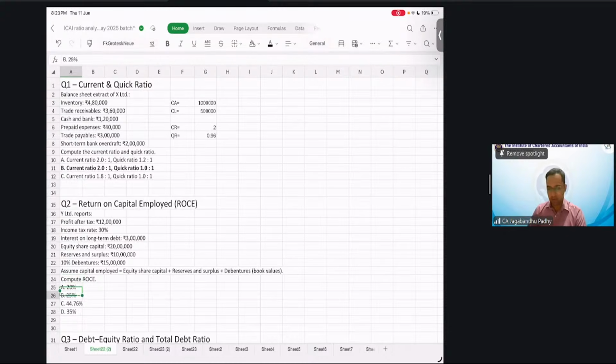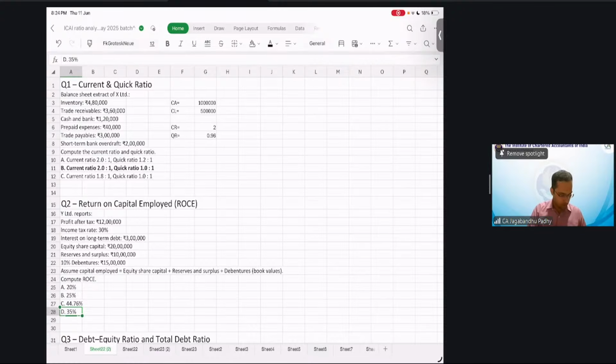What about the second question? We have to minus overdraft. No, we're not supposed to subtract overdraft. Why should we subtract overdraft? For quick liabilities. No, because normally we don't subtract overdraft unless the question says it. Because if you look at our material also, one second, let me recheck the material.